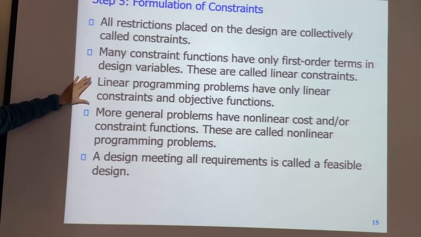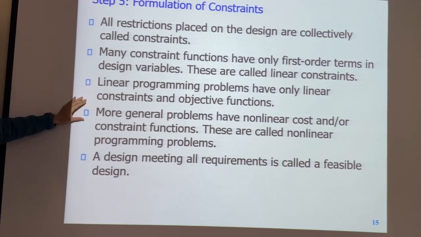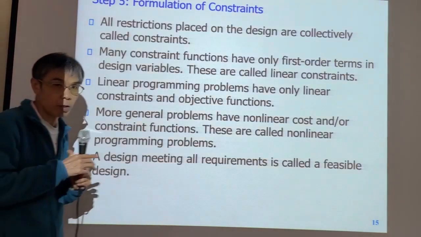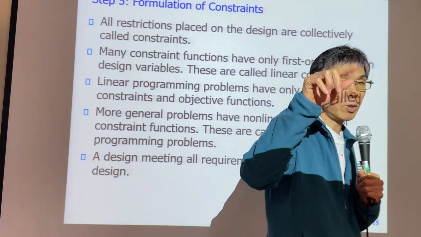Okay, Junhao, this one. A linear programming problem has only linear constraints and objective functions. All general problems have nonlinear cost and constraint functions. These are called nonlinear programming problems. So linear means ax plus by.